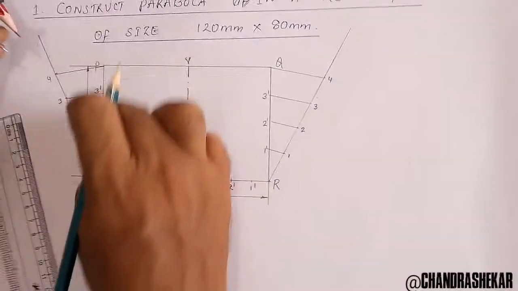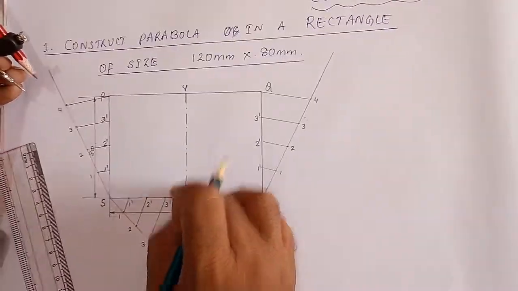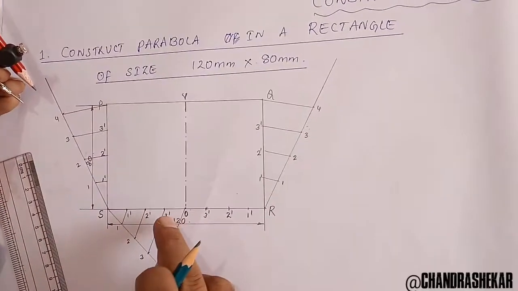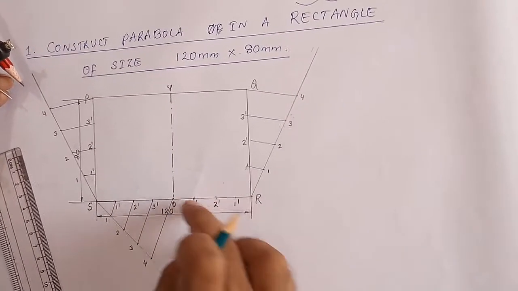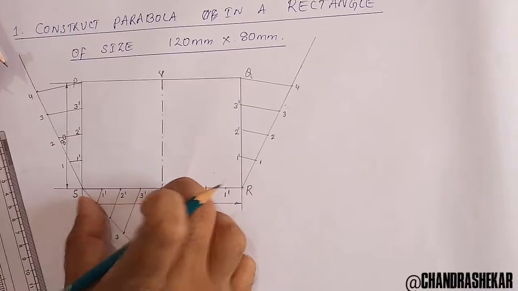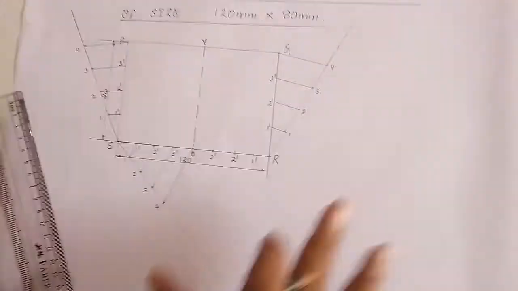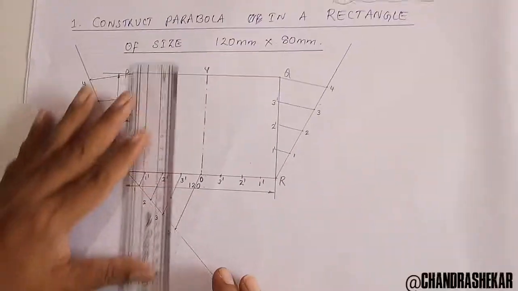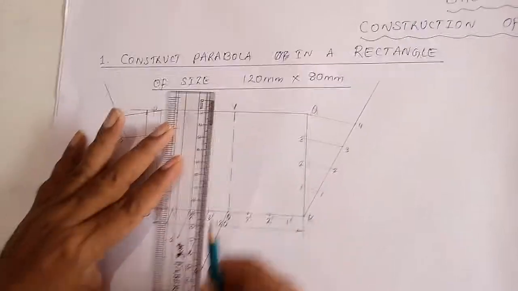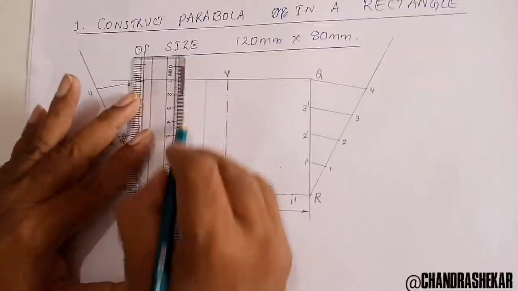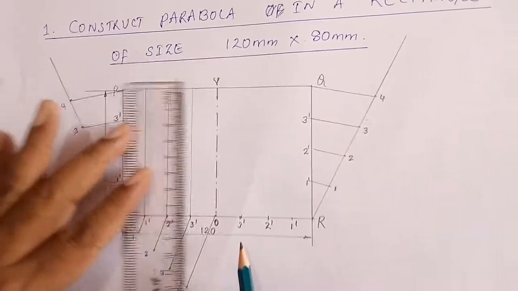Understood? You have to divide this line into 4 parts. Draw the center line and then divide OS and OR also into 4 parts. After dividing this, from 3 dash draw vertical lines, from 2 dash draw vertical lines, from 1 dash draw vertical line.